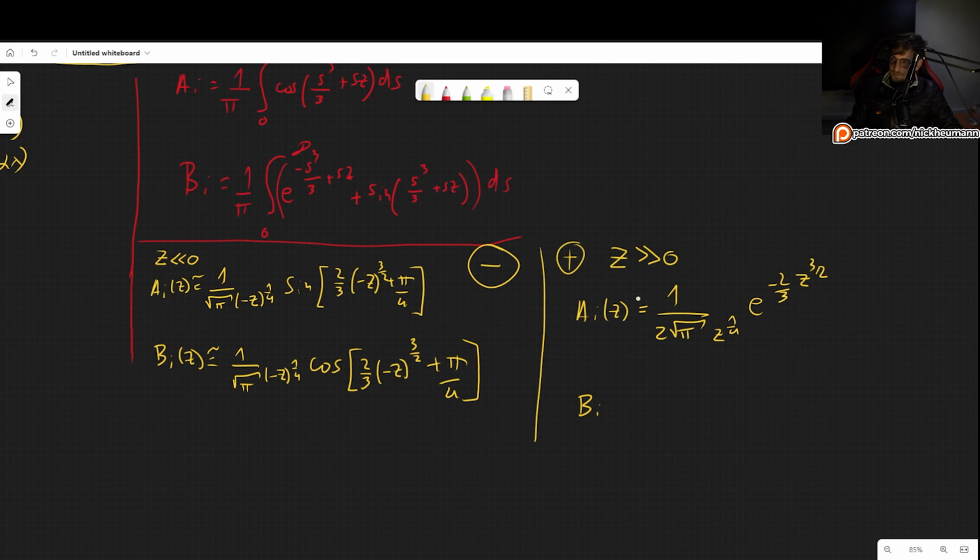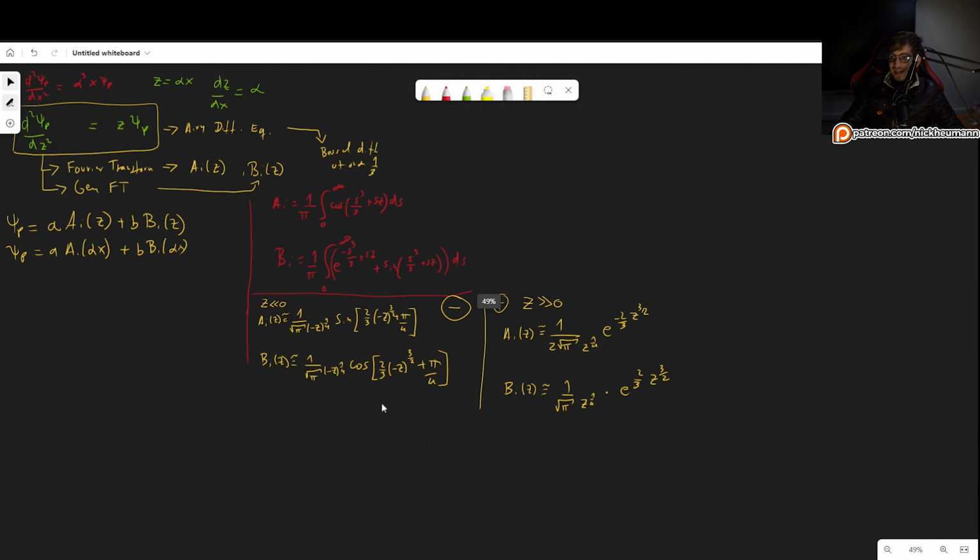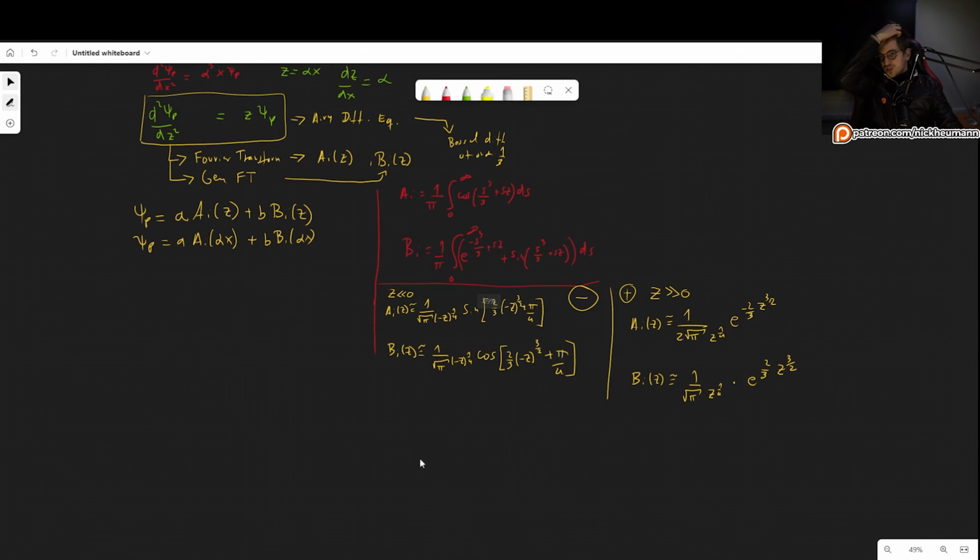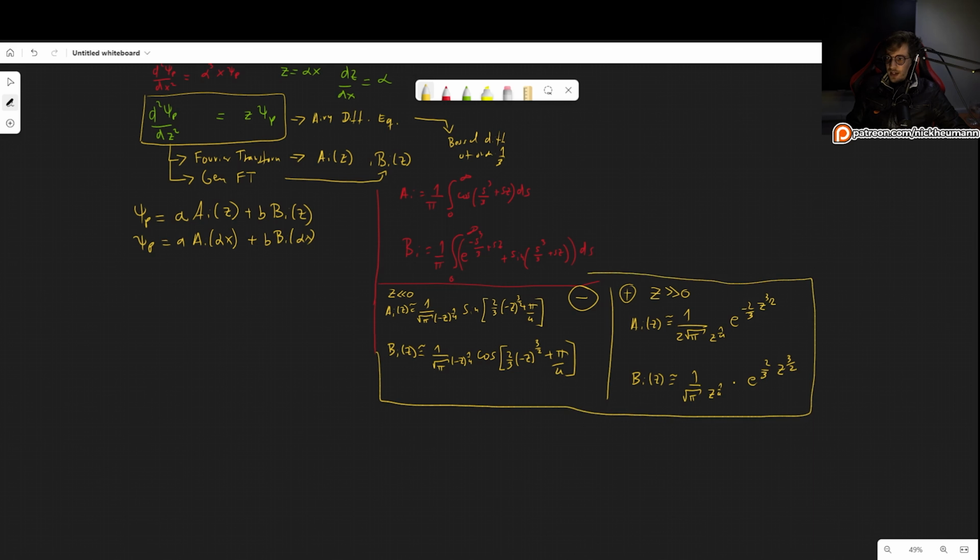And Bi of z is approximately 1 over square root of pi times z to the 1/4 times e to the 2/3 z to the 3/2. Whew. Okay, so those are the solutions for our Schrödinger equation. Don't worry too much about where they came from. They are simply the solutions, so we plug them in there.